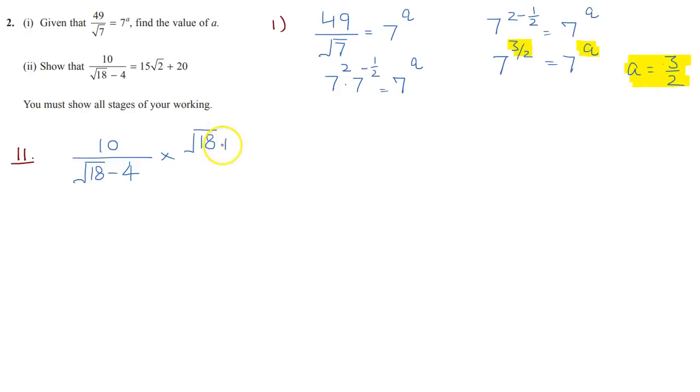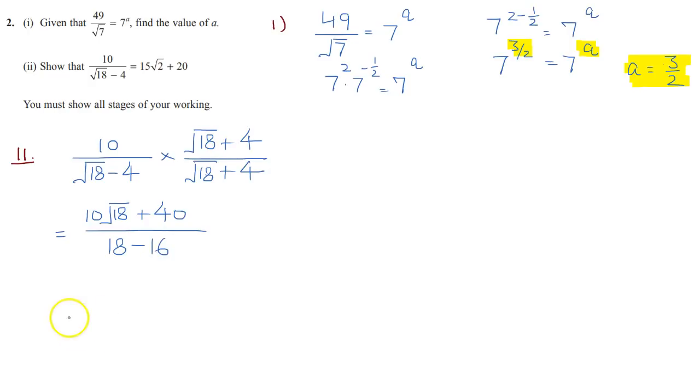Multiply by root 18 plus 4 divided by root 18 plus 4, dividing and multiplying by the same number. So this will be 10 root 18 plus 40 over, this is a minus b, a plus b, so a squared means root 18 squared is 18, minus 4 squared is 16.